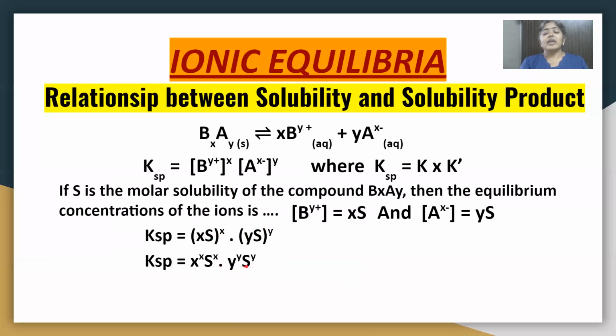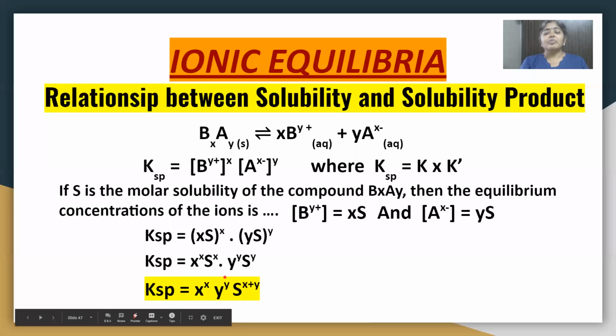Now the base S is common, and when you have indices with the same base, you can take them together. So I get the solubility product Ksp equal to x^x into y^y into S^(x+y), using the rules of indices.